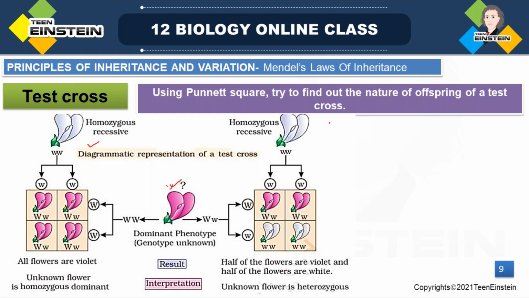Got it? Violet color, we use the symbol capital W. This is dominant. And next, the other type of flower is white, with small w. This is recessive.